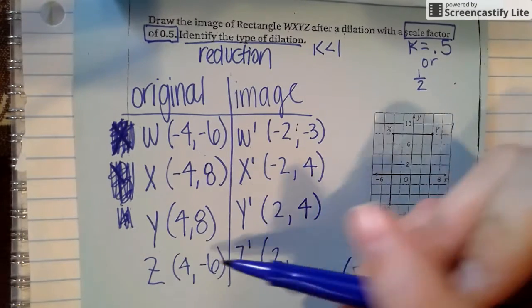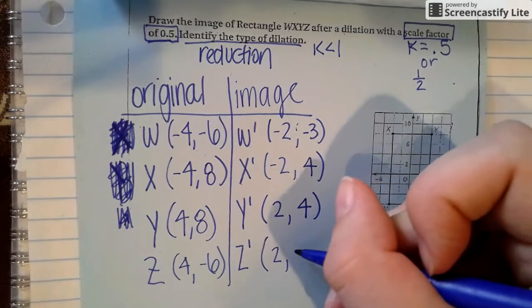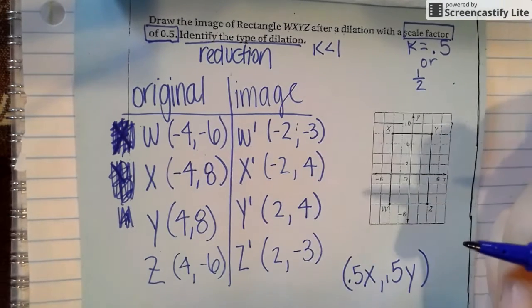And then -6 times a half is going to be -3.